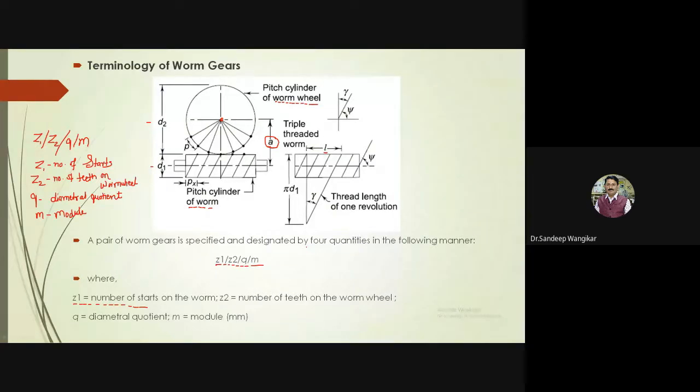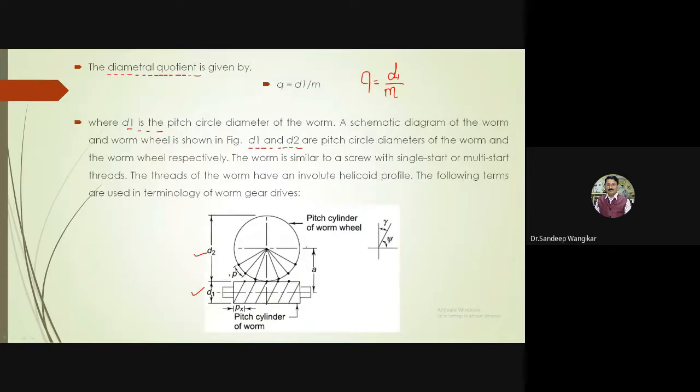Z1 stands for the number of starts, Z2 the number of teeth on the worm wheel, Q the diametral quotient, and M the module. The diametral quotient is given by Q equals D1 by M. Therefore, D1 is equal to Q into M. We will use this relation also.